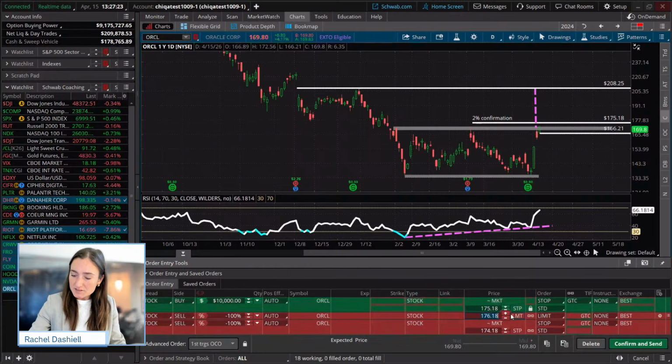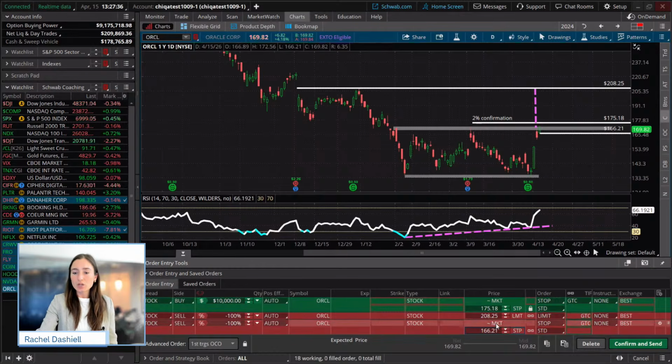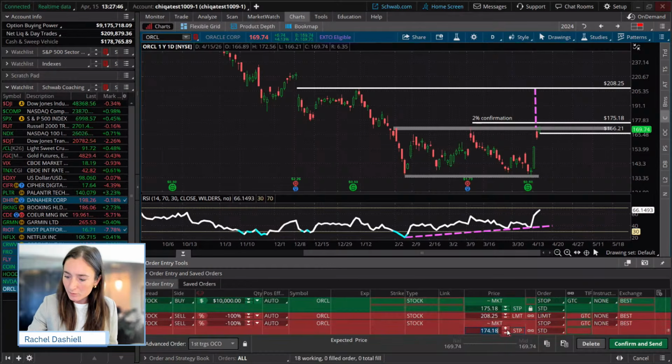Now we have our upside resistance at 208.25. We have our downside stop at 166.21. Again, when it hits the price of 166.21, it becomes a market order. There is no guarantee that it will be filled near or at your activation, and it's just going to be filled at the next available price.